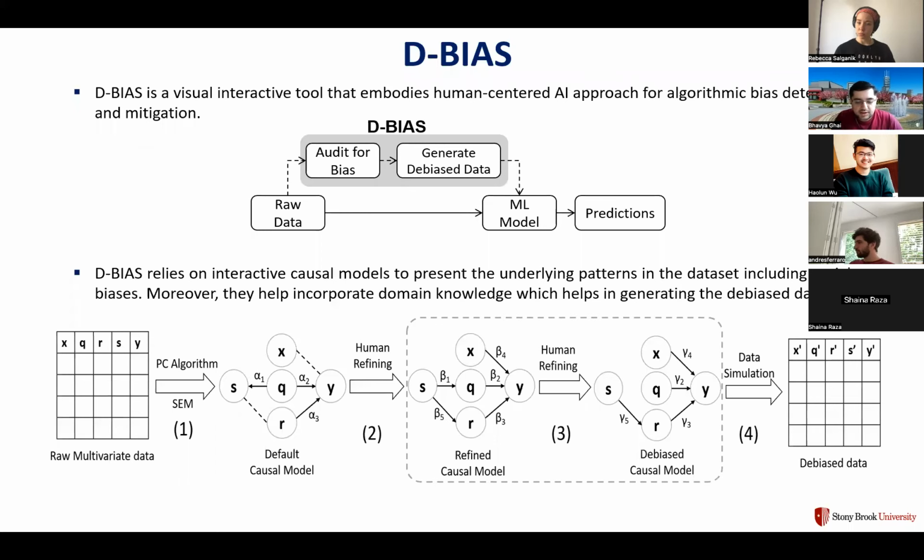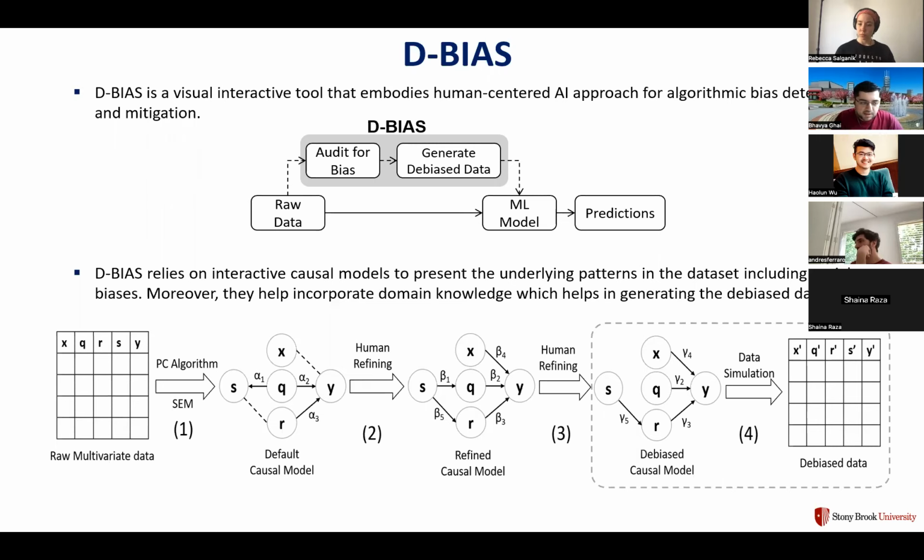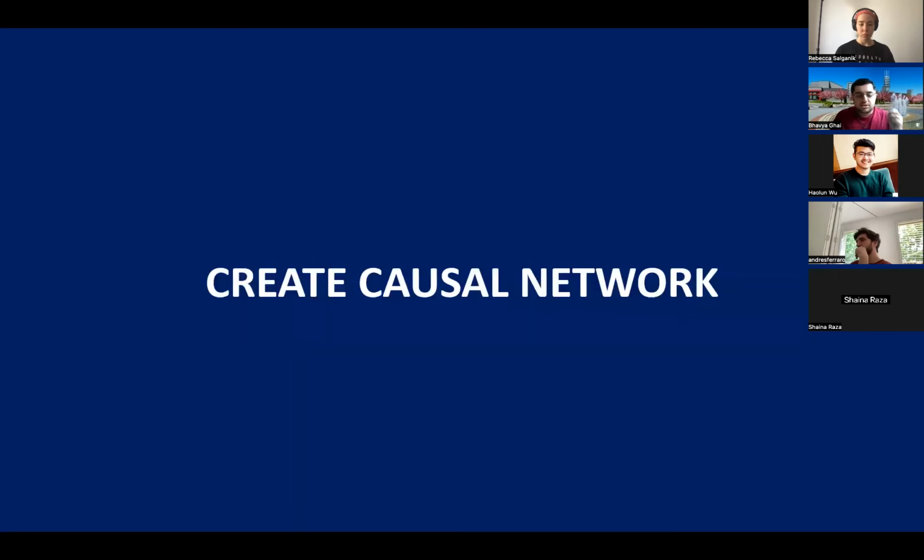In stage 3, we use human refining again to identify and tackle the undesirable causal relations. And in step 4, we use the debiased causal model to generate the debiased dataset. In the coming slides, I will go over each of these stages in much more detail. So let's look at stage 1, that is create a causal network.